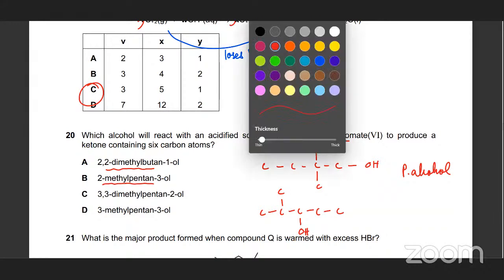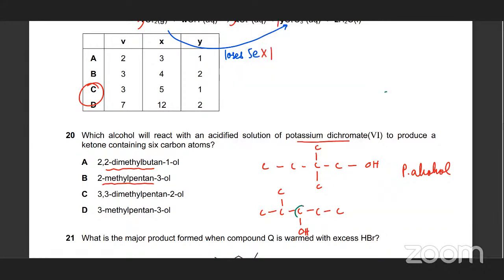If you focus on the carbon atom that has the OH, that's definitely a secondary alcohol because it's bonded to 2 carbon chains. So this is a secondary alcohol, and that's going to be the correct answer. It's going to turn into a ketone. Secondary alcohols turn into ketones.